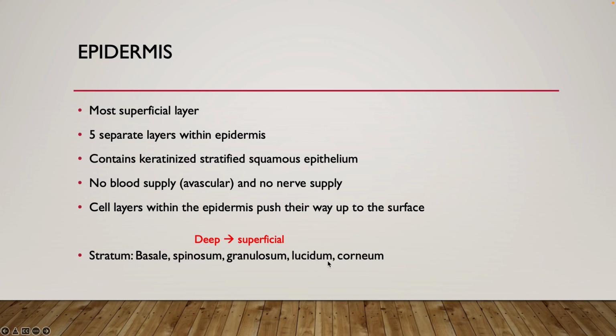The stratum lucidum layer is the one that will be unique to thick skin only, and we will talk about where we find that thick skin. Again, epidermis is just one layer of our skin. It contains 4 to 5 sublayers, avascular with no nerve supply. So we'll stop there and we'll pick up with looking at our different epidermal layers in part two.